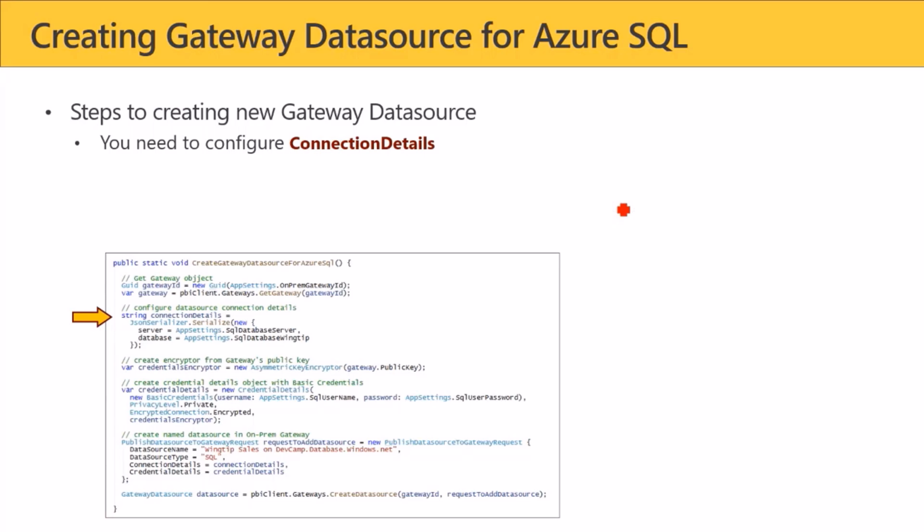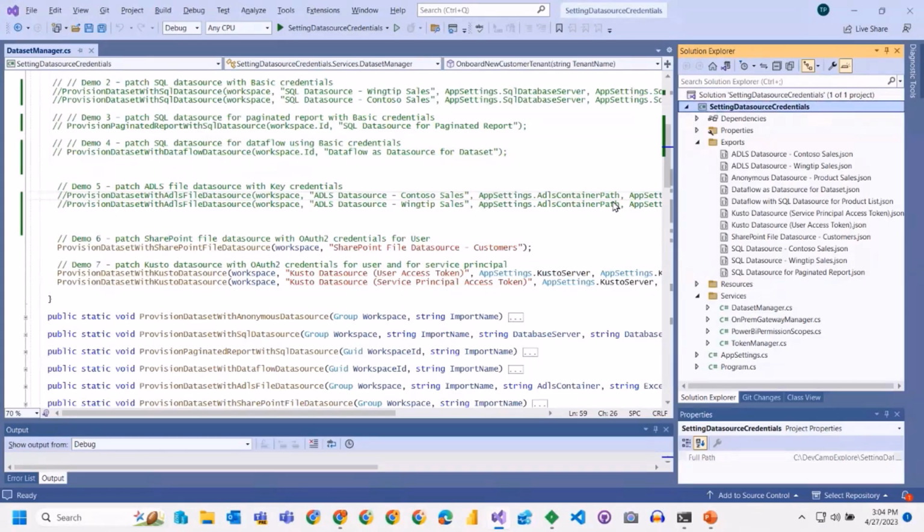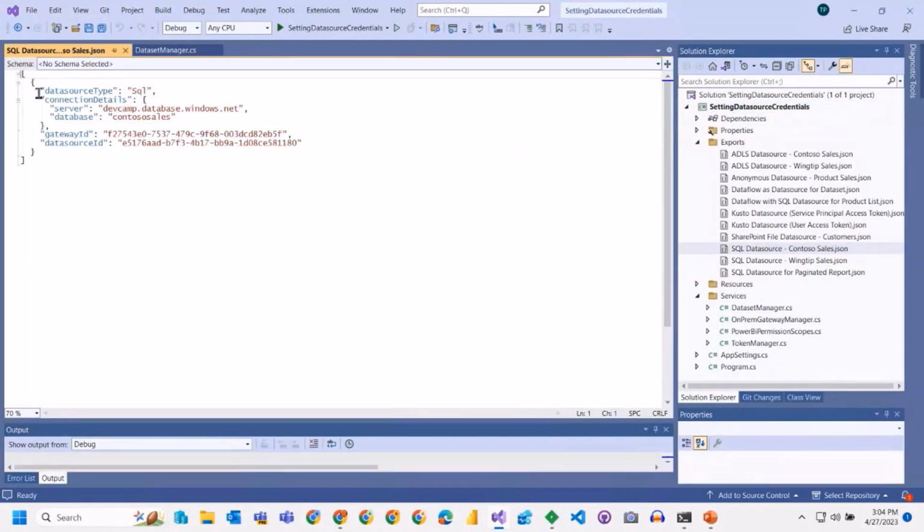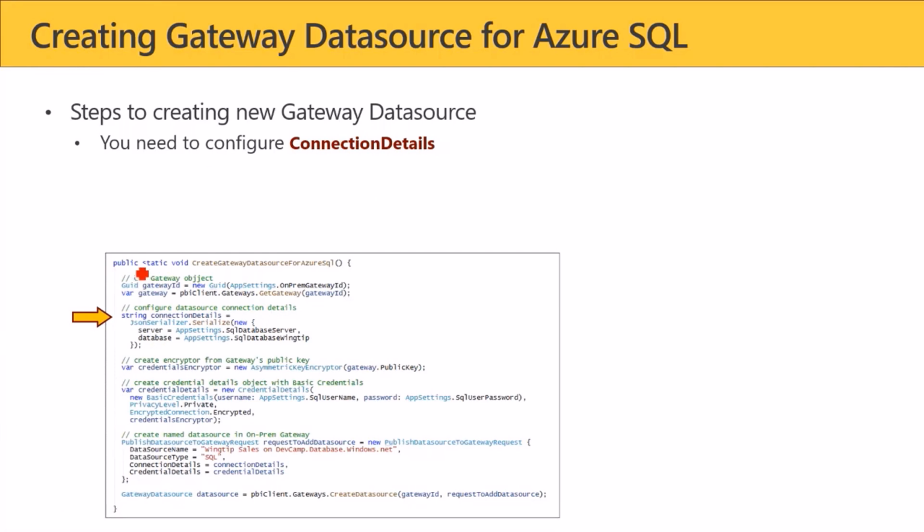And the idea is, what are the connection details? Well, if you go look at an existing one, it's server and database. Great. Okay, well, what about for an ADLS database? It's server and path. So the idea here is that you're going to create, and this is just a little C# trick, a new anonymous object, and then you can put whatever you want down here. And you can then just serialize it, and it spits out the string that you need.